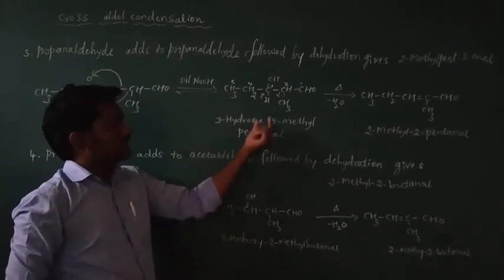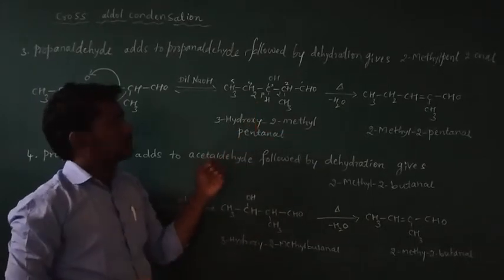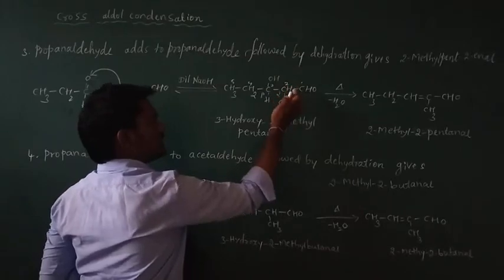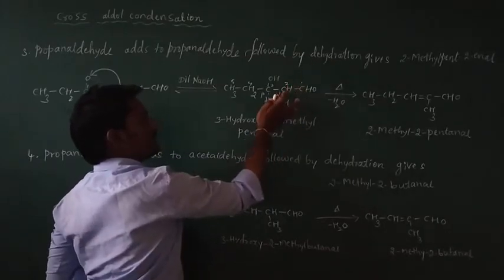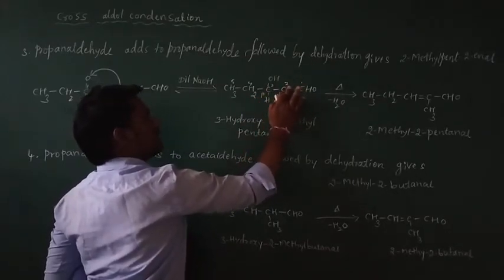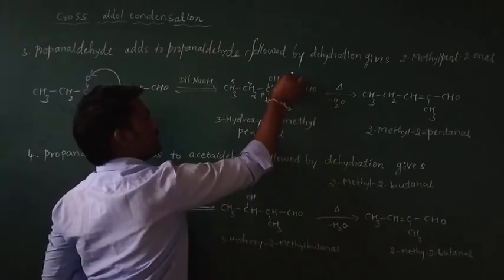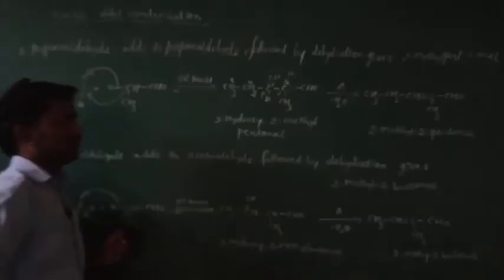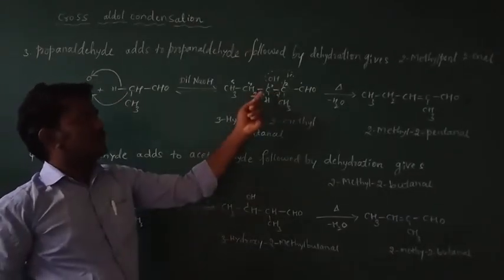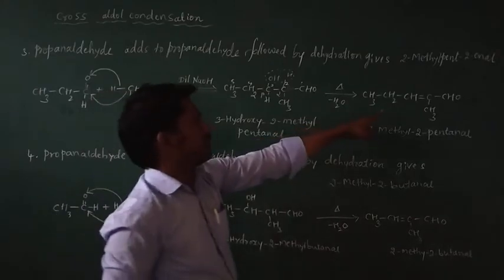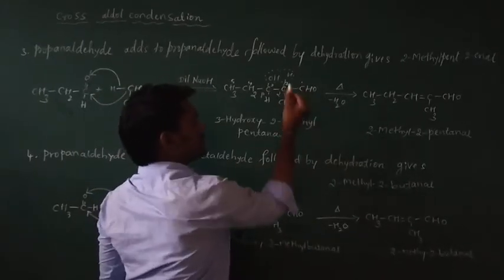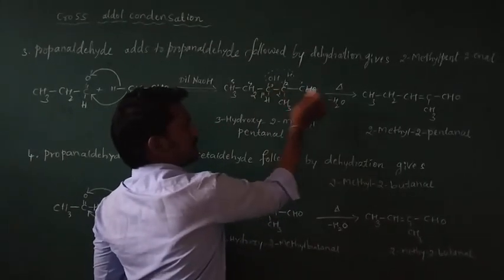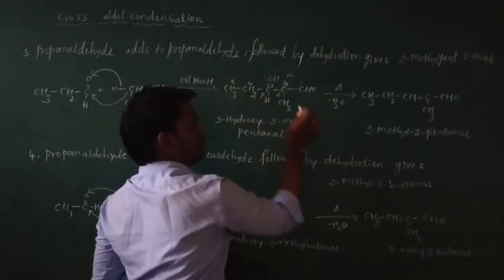This aldol on self-condensation means dehydration, removal of water from alpha and beta carbons, forming an alpha beta unsaturated compound, with CHO, CH3, the double bond, and the remaining CH2 and CH3.